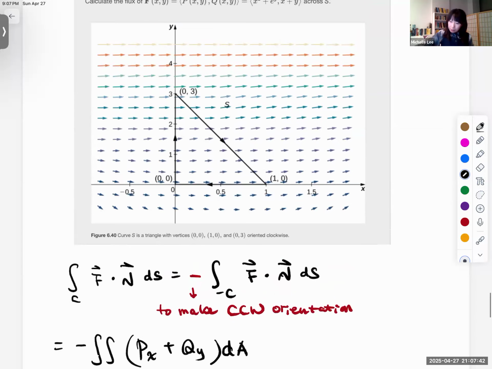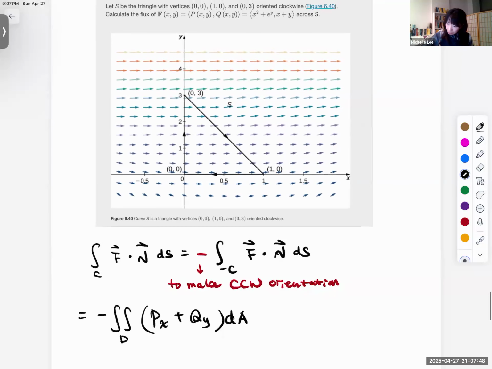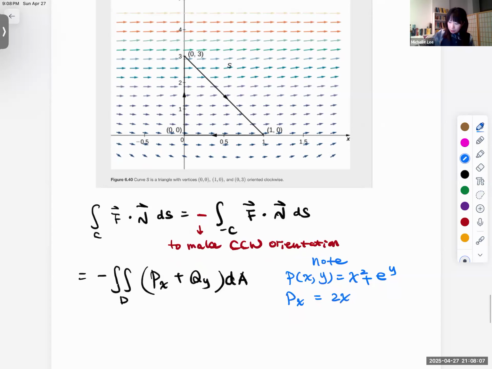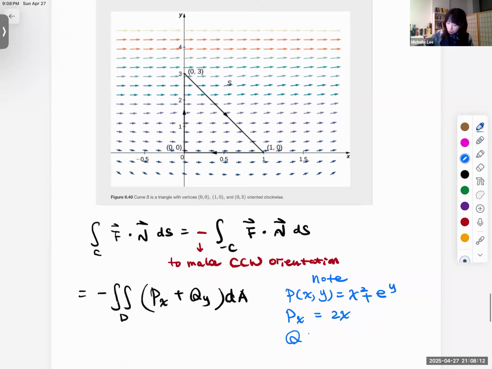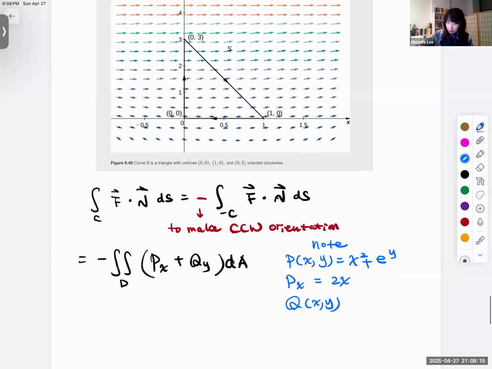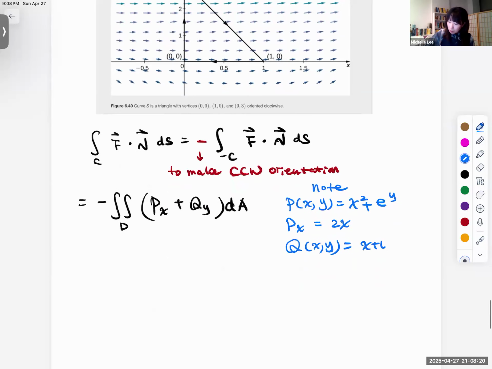Okay, then let's find out. Can you see the function? Note P of x, y equals x to the second power plus e to the y. We want the derivative with respect to x. What do you get? 2x. Yeah, good. How about Q of x, y? It's x plus y.